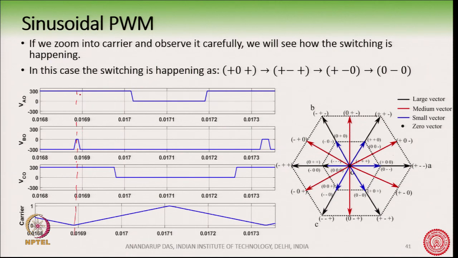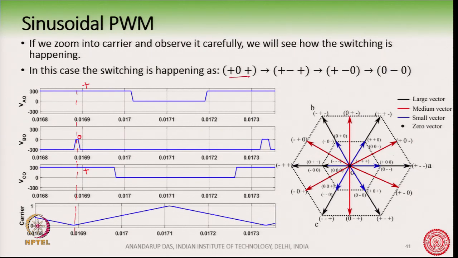The first switching is happening as plus 0 plus. So, you see here that the first switching is happening, this is plus, this is 0 here and this is plus here. So, the first switching happening is plus 0 plus.